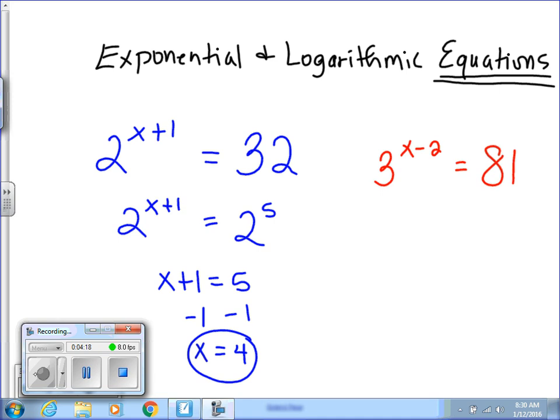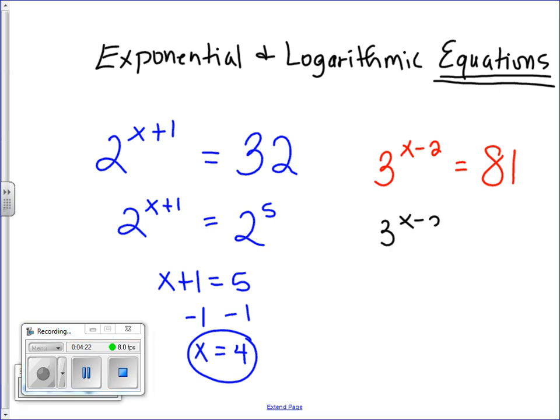What did you change the 81 to? Okay, so that means that this is actually x minus 2 equals 4. Don't you subtract 2? They subtracted. Add 2. Never mind. I'm sorry. x is 6.